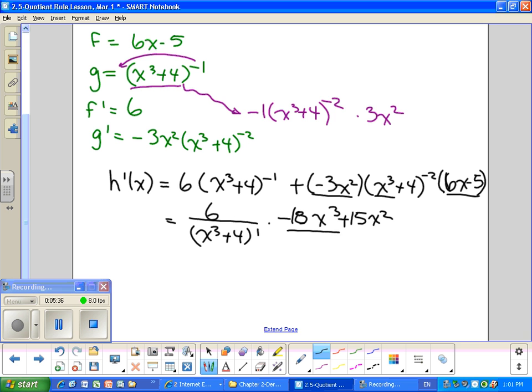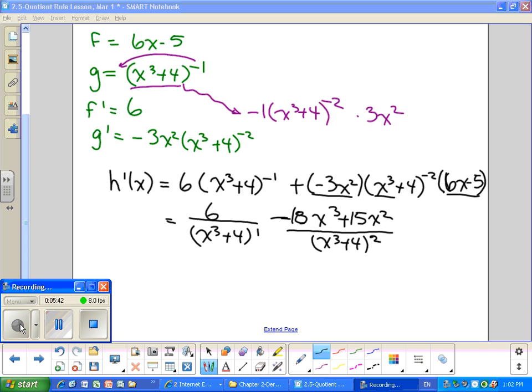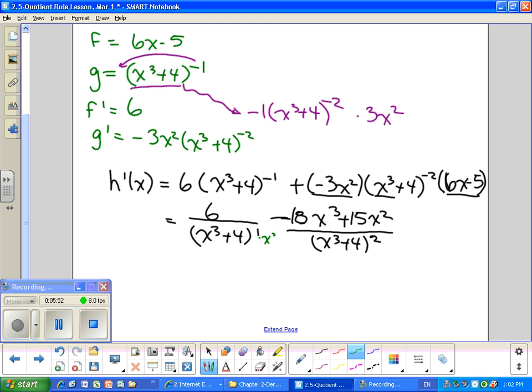And now this is coming down here, x cubed plus 4 to the negative 2. Perfect. So if we're going to make a common denominator then, what do we have to multiply? We need one more of these. So we're going to multiply by x cubed plus 4 and x cubed plus 4.